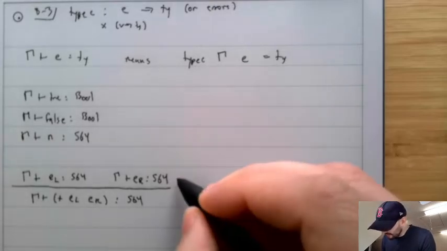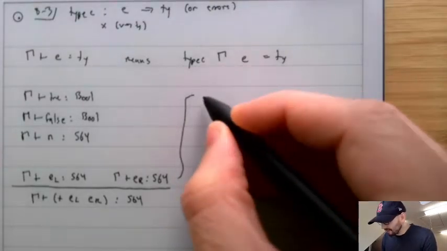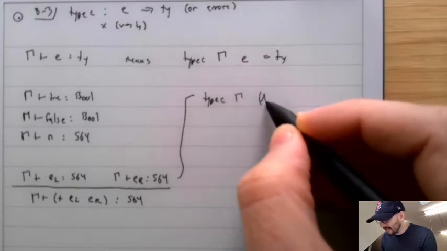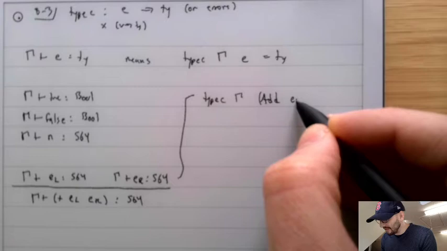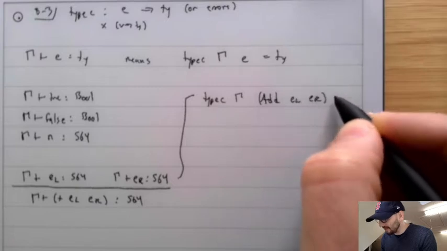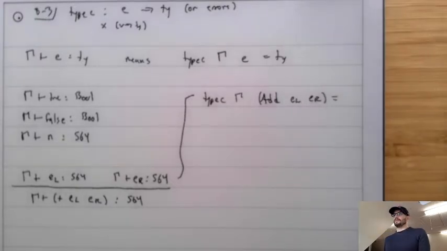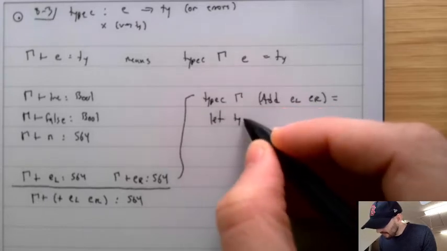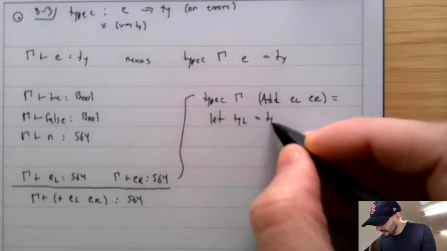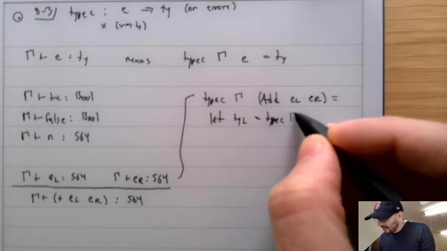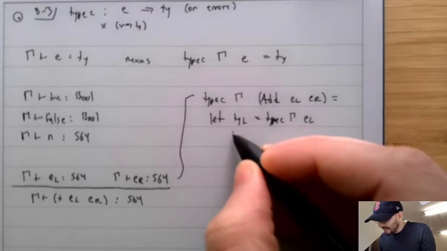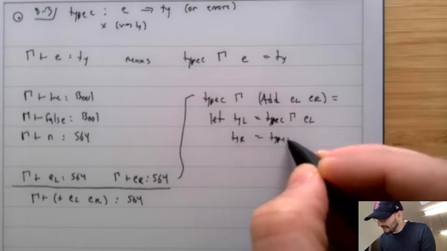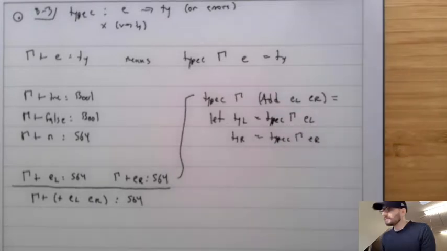It corresponds to the following program. It corresponds to type C of gamma and an add node where we have an EL and an ER. This is going to be equal to, let the type of L be equal to type C gamma of EL, and let the type of R be equal to type C gamma of ER.